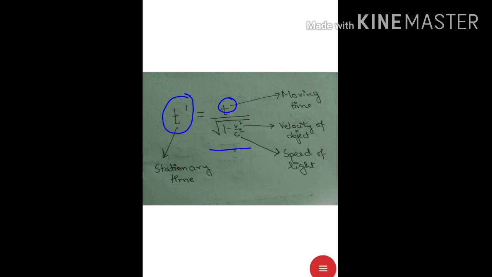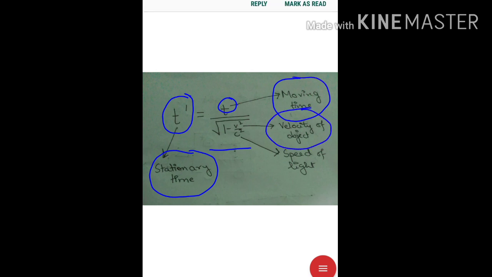T dash, as we saw, is the time of a stationary man. So that's the stationary time, as you can see. T was the time in the clock which was moving, so it is the moving time. And v squared, as we saw, is the velocity of the object, and the speed of light is c squared.